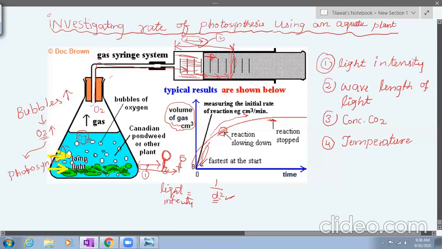So in the second experiment I increase my distance, which means the light source is farther away from the apparatus, so light intensity will be less. You have to measure the distance and then put it in this formula.